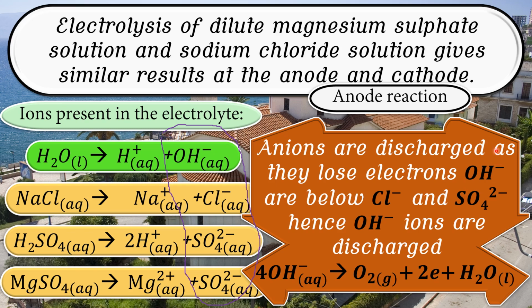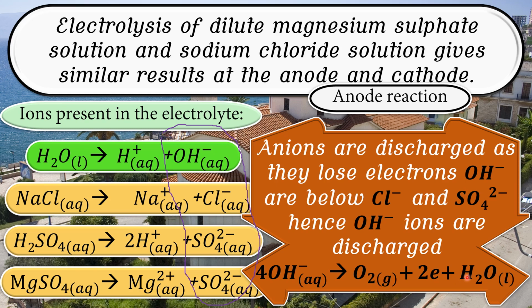If we have the hydroxide, the chlorides, and the sulfate, all of them moving towards the anode, which ones are going to be discharged? We are seeing that the hydroxide ions are below the chloride ions and the sulfate ions. Therefore, hydroxide ions are going to be discharged. So here we shall have our hydroxide ions losing their electrons and they are discharged as oxygen gas. Then we shall also get water. So that is what is going to happen.